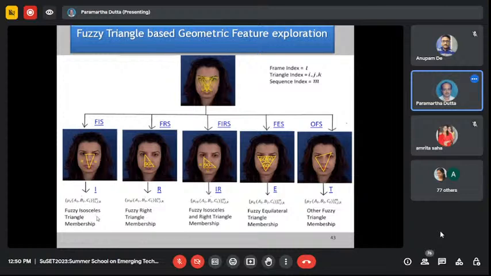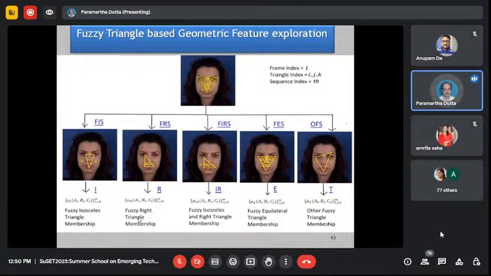Now, fuzzy isosceles triangle means it's isosceles with some flexibility in terms of angle value. May not be very major, but minor. Minor deflections are allowed in the value of those angles. So corresponding to isosceles triangle, we will have a fuzzy isosceles counterpart.